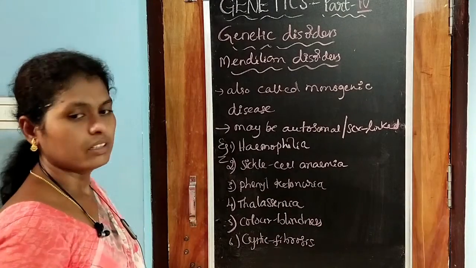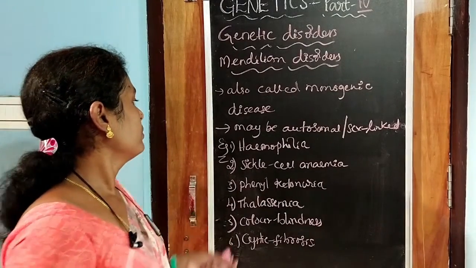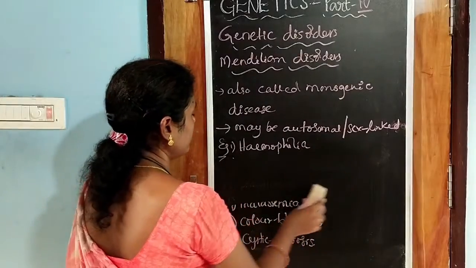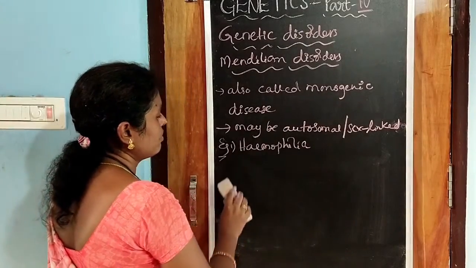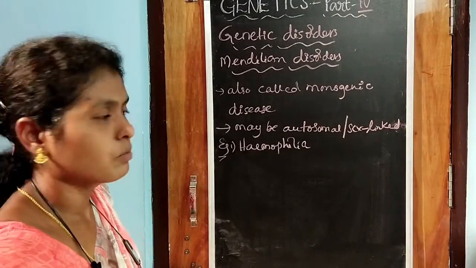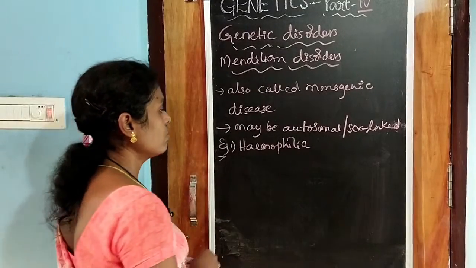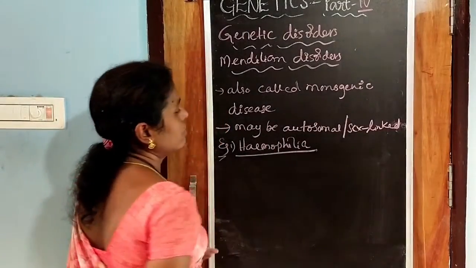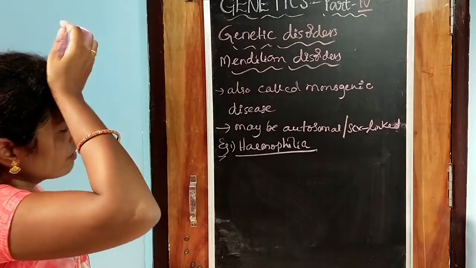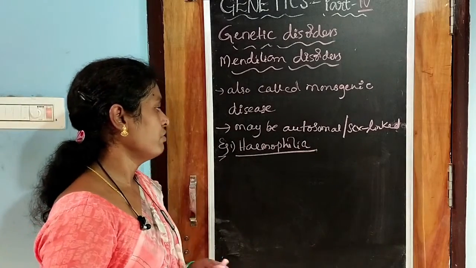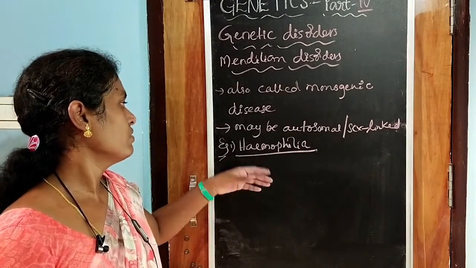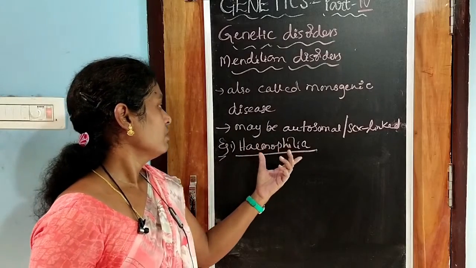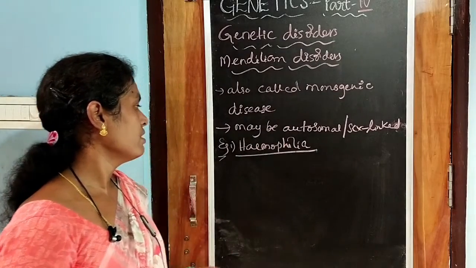First of all, we discussed hemophilia in the previous session. It is also called bleeder's disease and also the Royal's disease. It is of two types, hemophilia A and B. Most of the people, about 80%, represent hemophilia A cases.